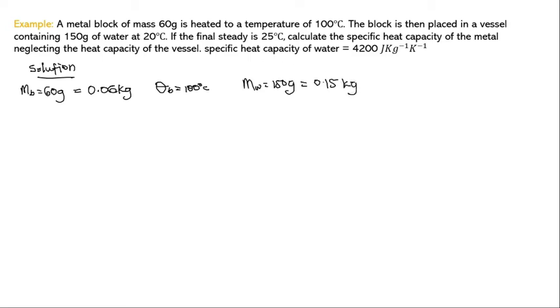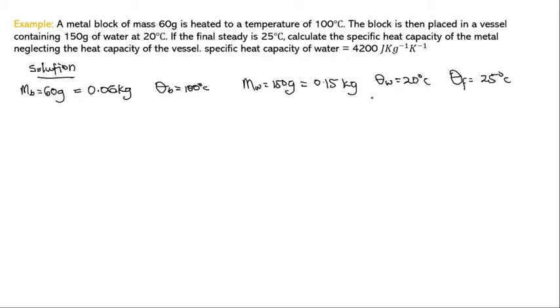Alright, so water at temperature 20 degrees Celsius, so the temperature of water is 20 degrees Celsius. The final steady temperature, so it means the final temperature of the metal ball in the water within the vessel, is 25 degrees Celsius, after the metal ball has lost some of its heat energy to the water and then the vessel.